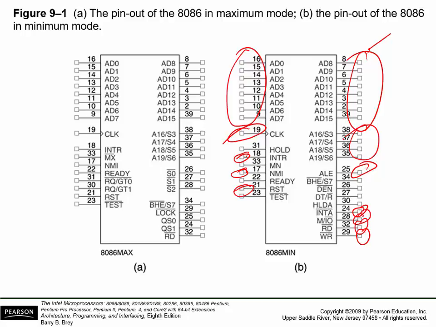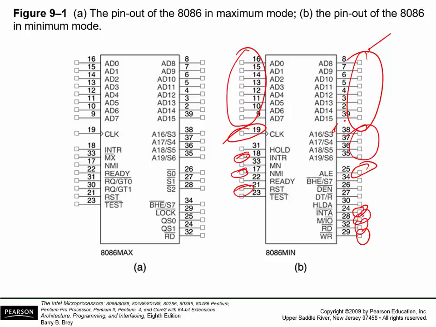We're not going to worry about the test. We're not going to worry about the min-max pin. We're not going to worry about the hold, the ready pin, those types of things. I'm not going to get too much into the status pins. There are a number of pins that start with S3, S4, S5, S7.